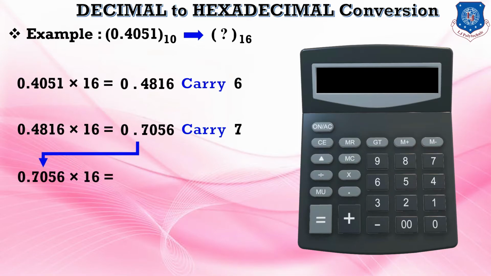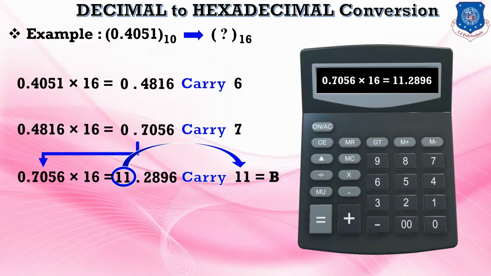Then we'll get the answer 11.2896. Of this 11.2896, we consider 11 as a carry. But remember students, in a hexadecimal number, no dual digit is allowed. So we replace 11 with capital B.